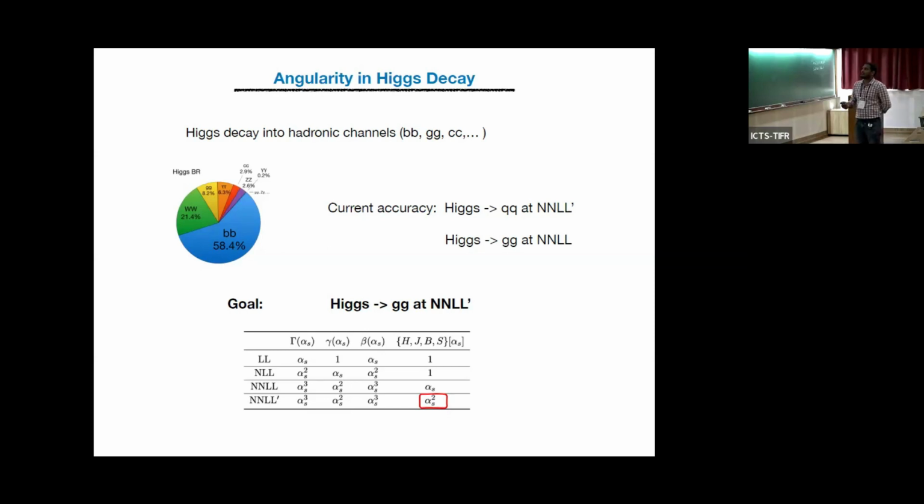The current accuracy for angularity measurement for Higgs going to quark-antiquark is NNLL prime, and for Higgs to gluons it is NNLL. Our goal was to address NNLL prime for Higgs to gluons. What is the difference? You can see in this plot that all the anomalous dimensions and beta functions remain the same order, but the distribution functions we need to calculate at two loops.